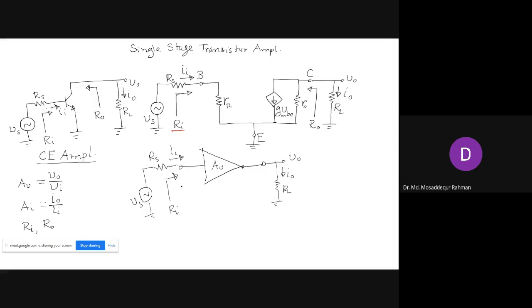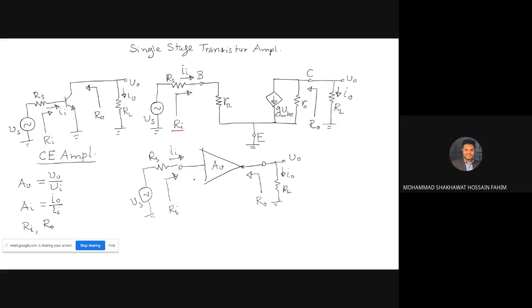So the question is, what is the input resistance? It's the input resistance for the amplifier. And RS, RL, they are not part of the amplifier, they are external to the amplifier. RS is the source resistance that is associated with the source. RL is the load resistance, though these are not part of the amplifier.